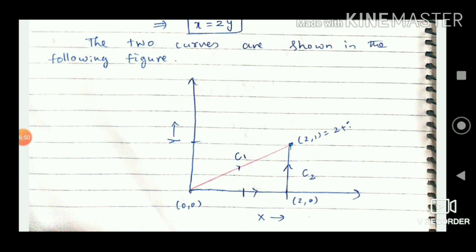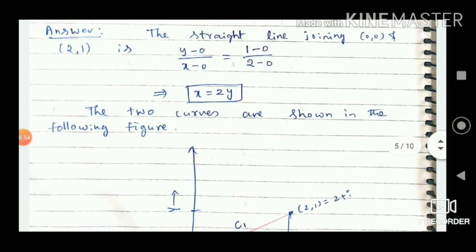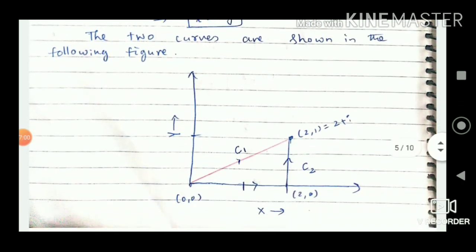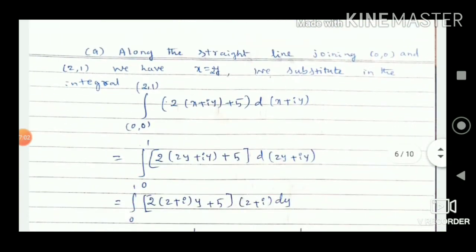So I am going to integrate over these two different paths the function 2z plus 5. The function is fixed but the paths are different. So in the first case, along the straight line joining 0 0 and 2 1, first we have to find the equation of the line, which turns out to be x equal to 2y.